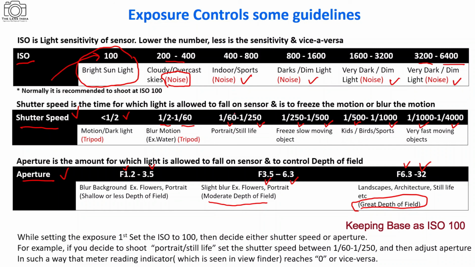You can comfortably set the shutter speed between 1 by 60 to 1 by 250, and if the light is good, select an aperture ranging between f3.5 to 6.3, and ensure that the scale you see in the viewfinder is coming to 0. So this is how we set the exposure and capture our images.